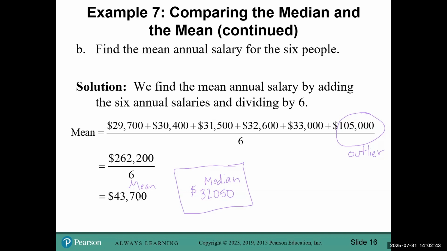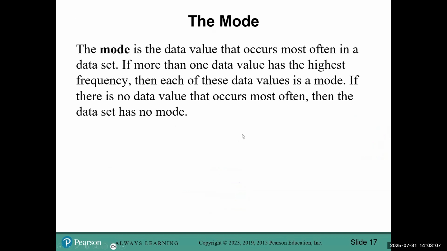The average salary really isn't 43,700 because all 5 of these people have a salary below that value. So calling the median the average makes a lot more sense. And that's why we talk about both the mean and the median, and we're often interested in comparing them.